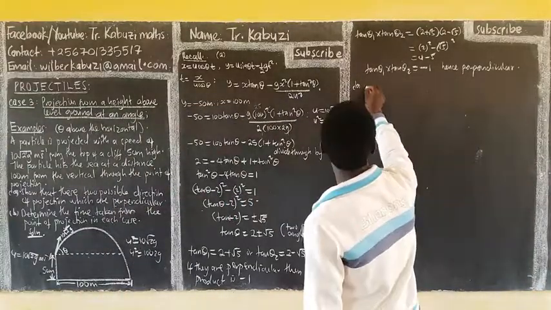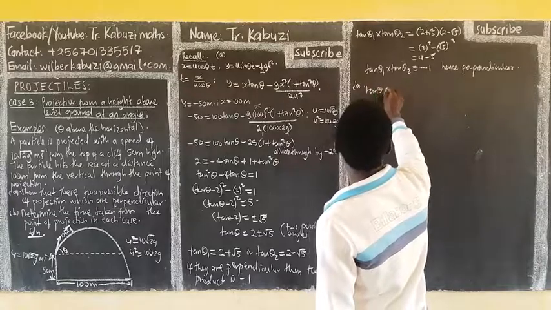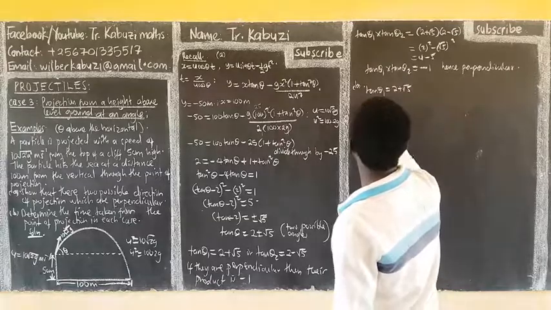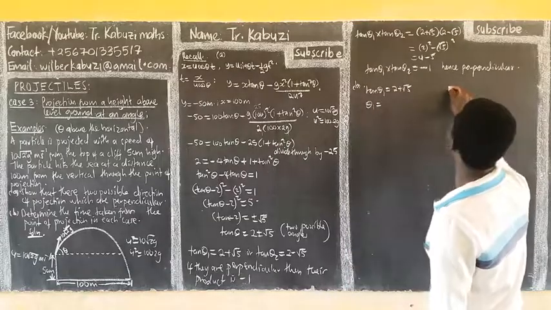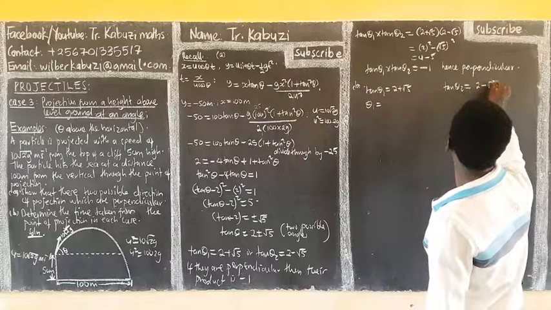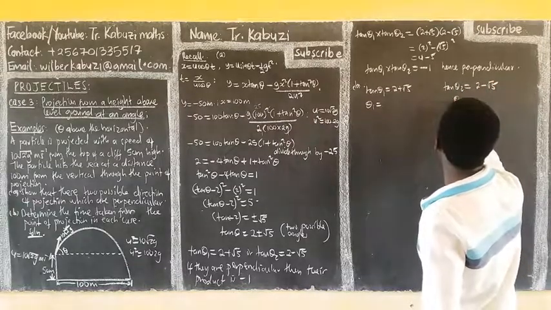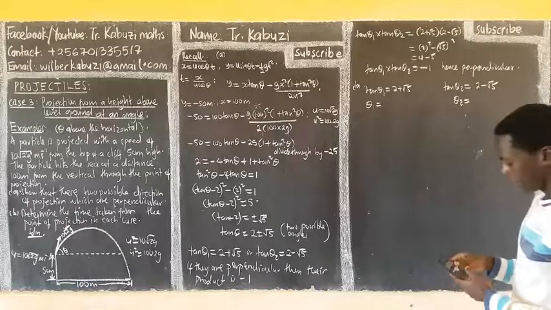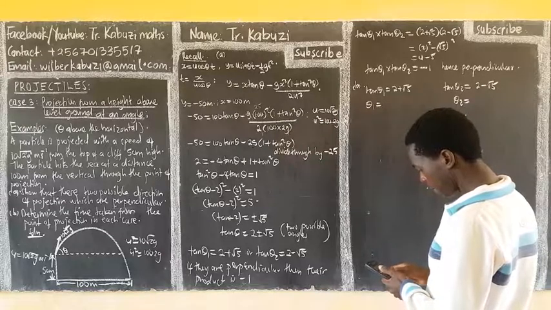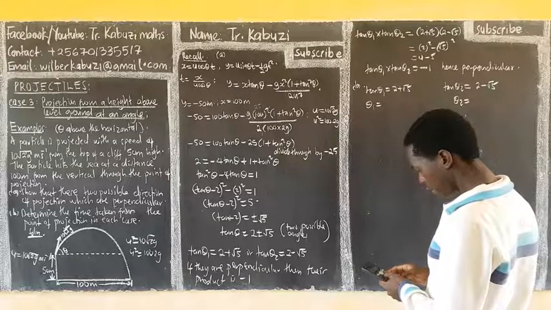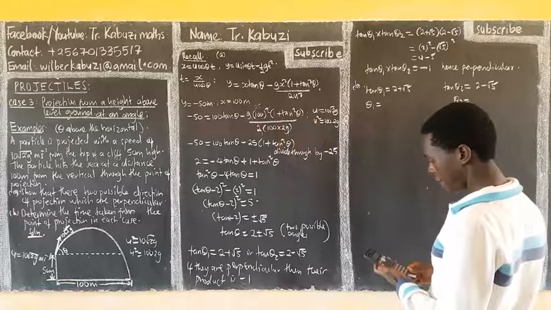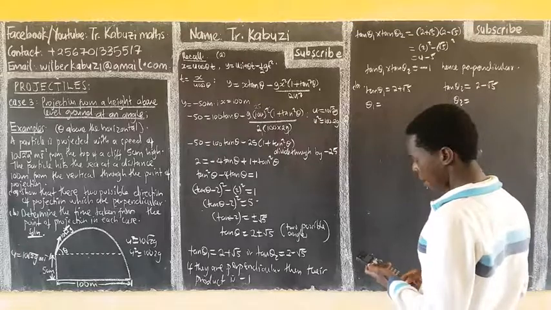From my tan theta 1 equaling 2 plus root 5, my theta 1 is going to be the inverse tan of that, then tan theta 2 equals 2 minus root 5, so here my theta 2 will be the inverse tan of 2 minus root 5.